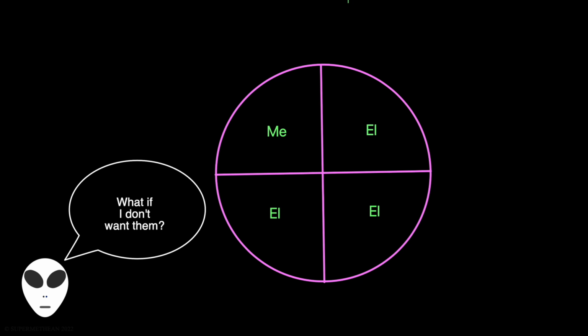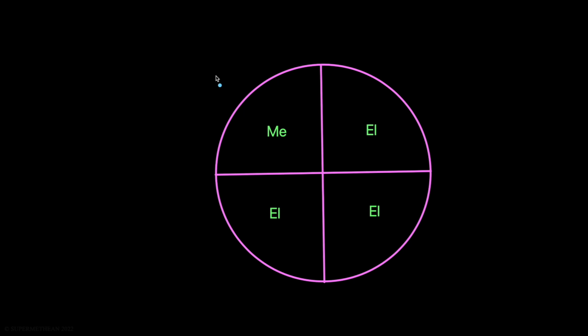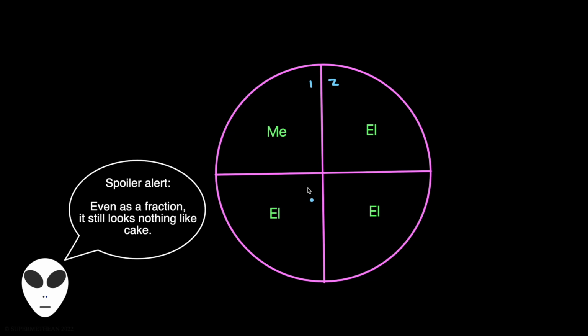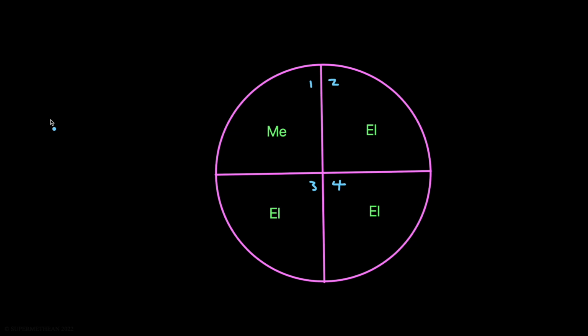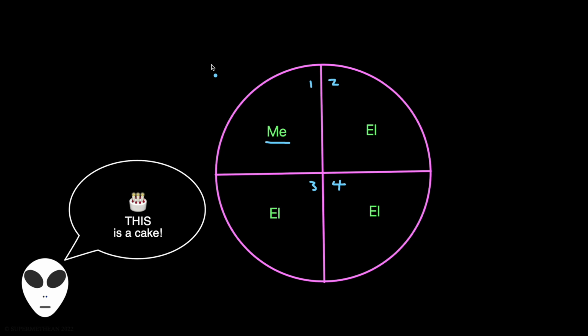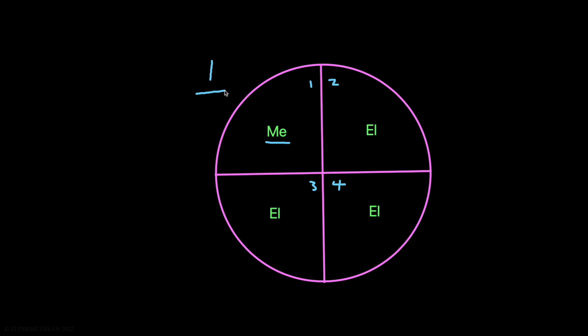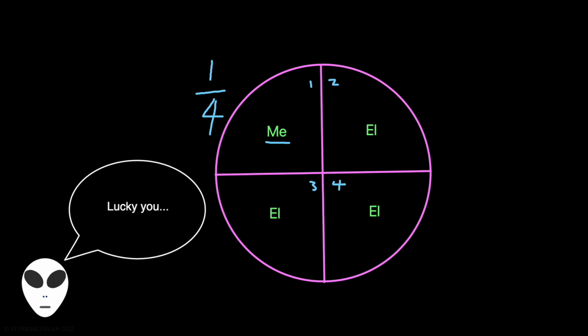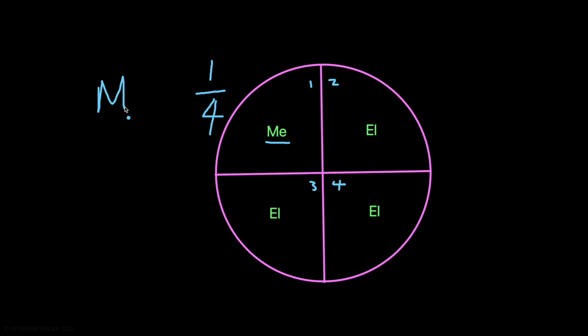Now, it's easy to see what this looks like just looking at the cake, but what does this look like as a fraction? Well, first, let's count up the total number of pieces. So we've got 1, 2, 3, 4 pieces, and I've got 1 out of those 4 pieces. So my fraction is 1 out of 4, or 1/4.